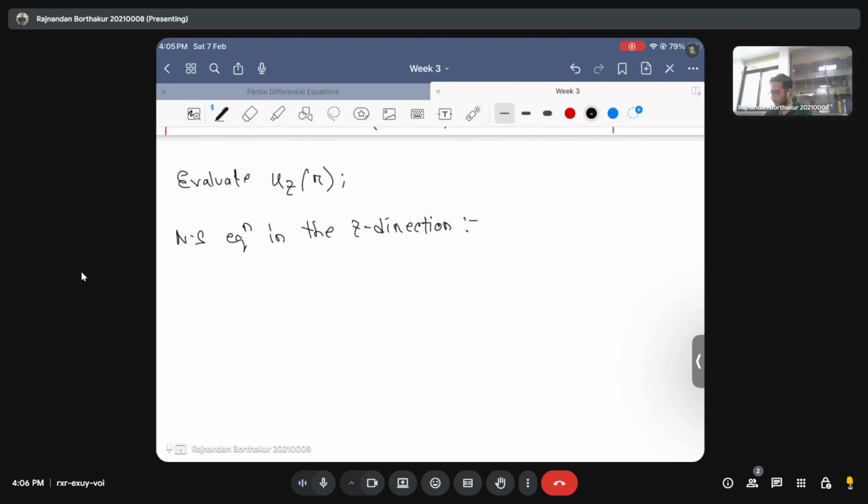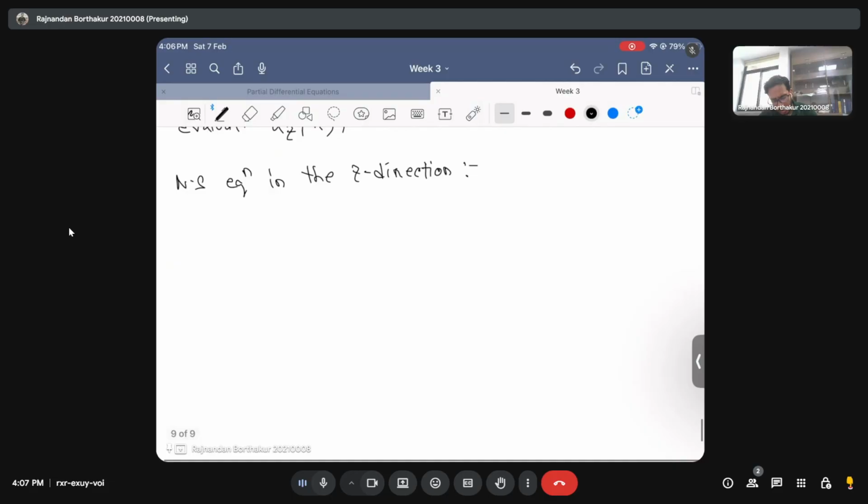Maybe I don't have the full equation here in my notes, but I can easily get it. That's okay, I think I can easily write it. I don't have the full Navier-Stokes equation in the z direction in my notes, but I can easily write that from the theta equation itself.